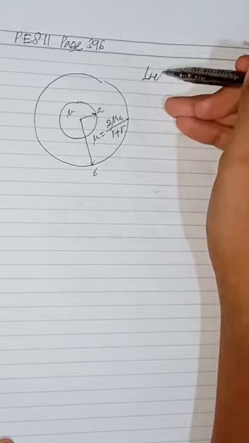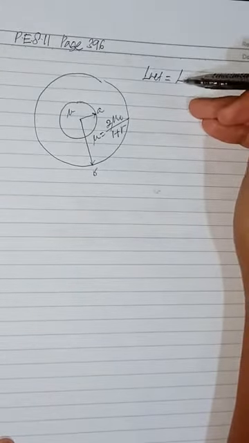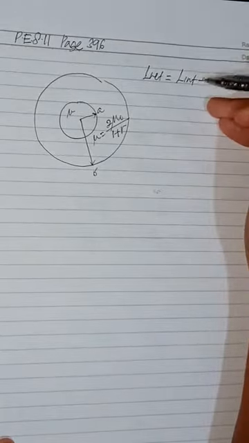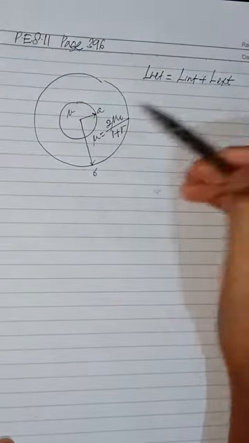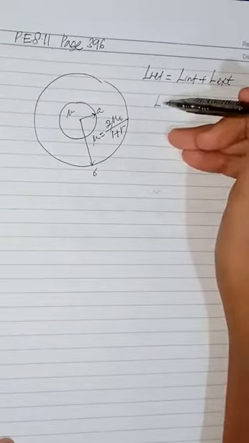From this diagram, we know that L net is composed of L internal plus L external, and we have already derived this L internal due to the single wire, which can be expressed here.